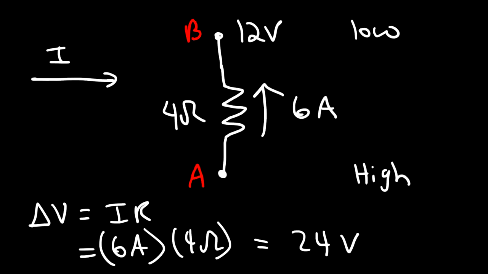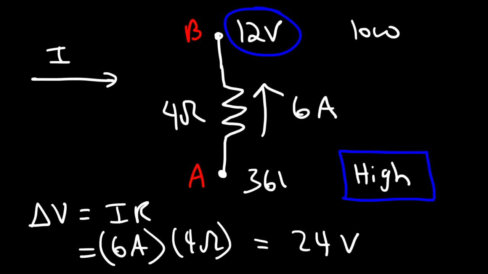So because the electric potential at point A has to be higher than point B, we need to add 24 to 12. So this is going to be 36 volts. So that can help you to calculate the electric potential at any given point if you have the electric potential at the other point across a resistor.